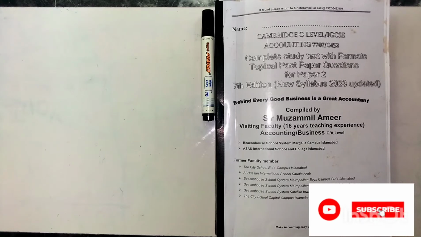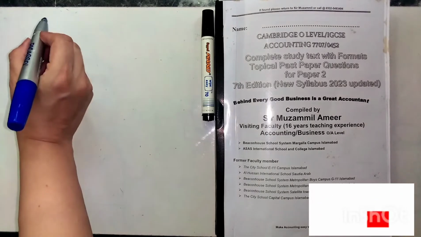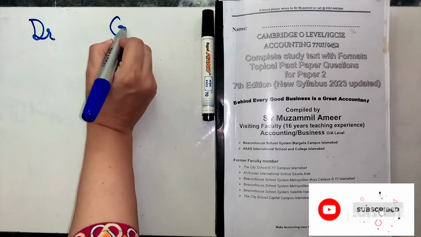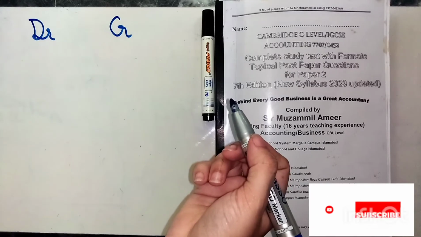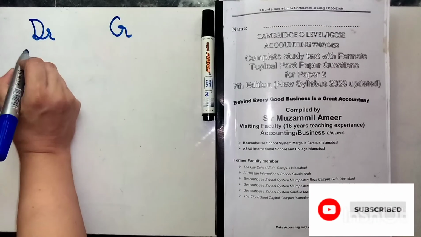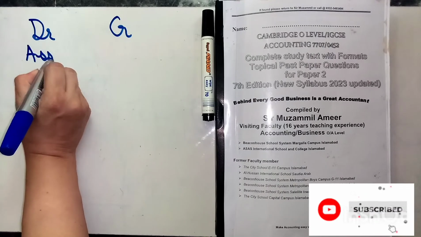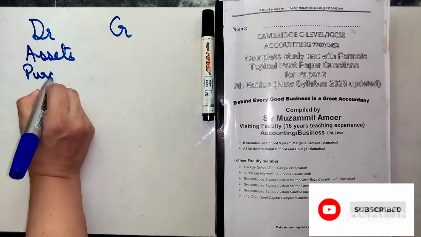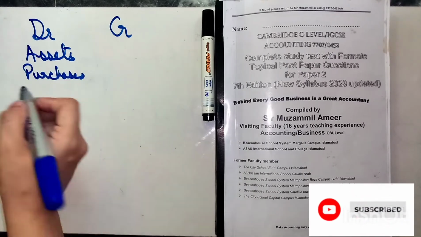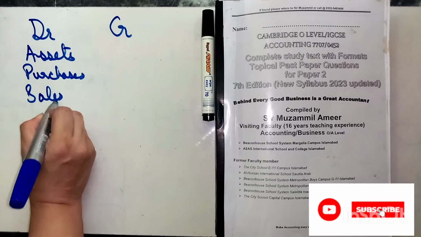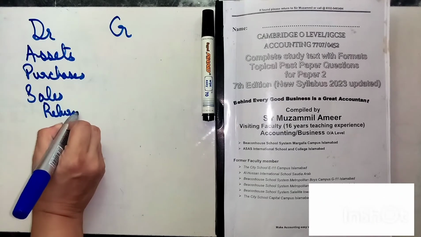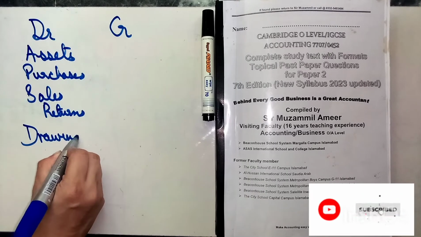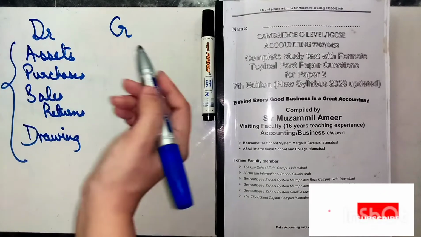So first of all, starting off with the first chapter, today we will discuss all the journal entries. Before starting it off, we will try to understand what is going to be on the debit side and what is going to be on the credit side. Now, all the assets which have a long-term effect, all the purchases, the sales returns, and the drawings are on the debit side.